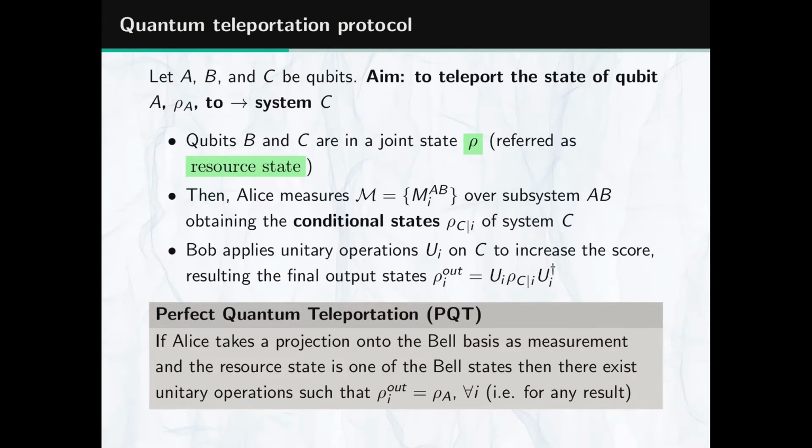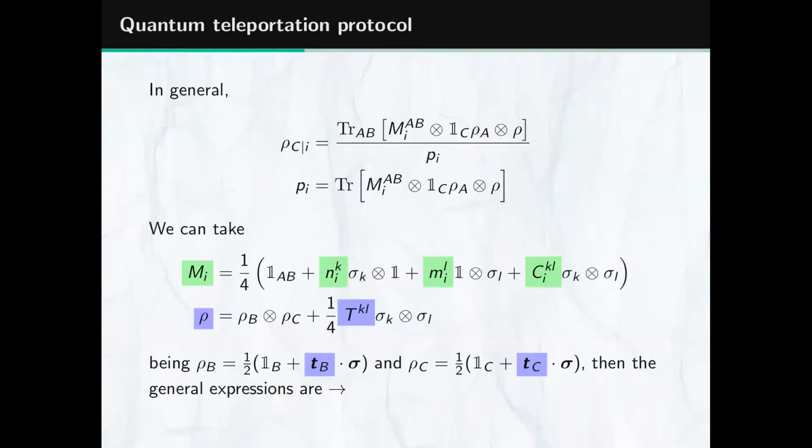Then we can continue. But our question now is, what happens if we measure a general POVM, taking, for example, this parametrization of the measurement? And here we have von Neumann measurements. That's the only restriction.